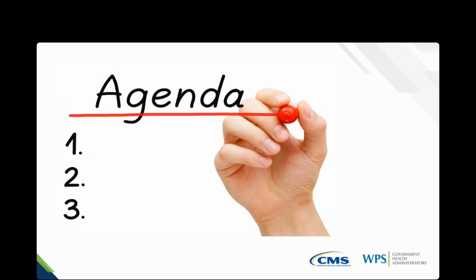The next slide is our agenda for today, and it is based on survey feedback that we chose today to talk about modifiers 51 and 99. So during this session, my plan is to cover the definition, correct use, and incorrect use of both modifier 51 and modifier 99.